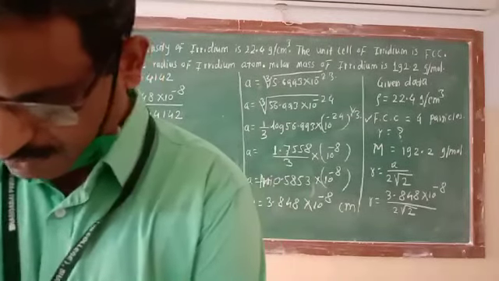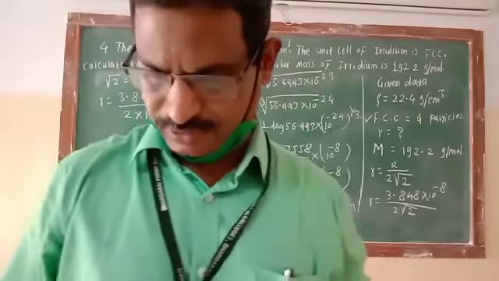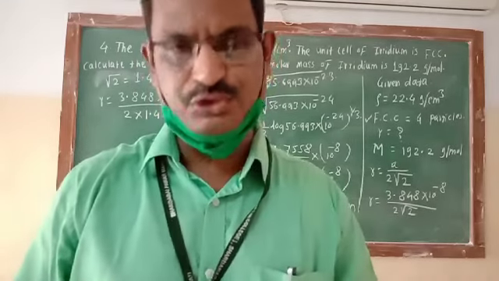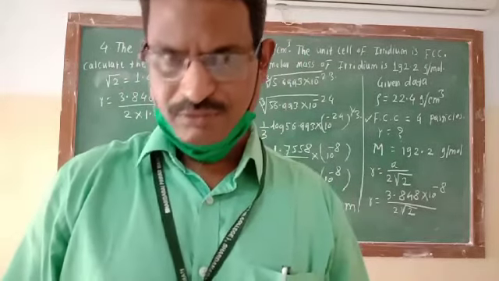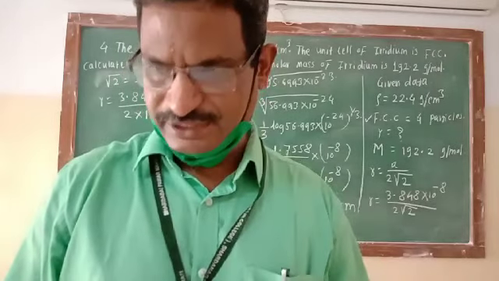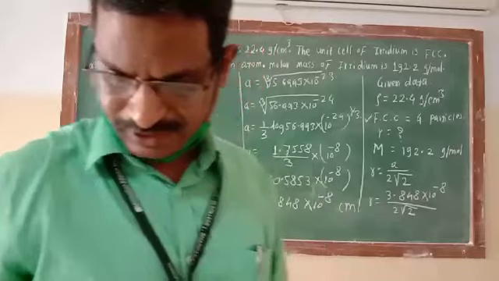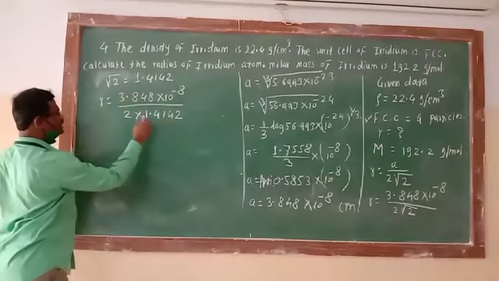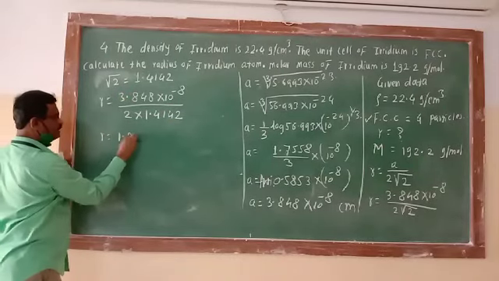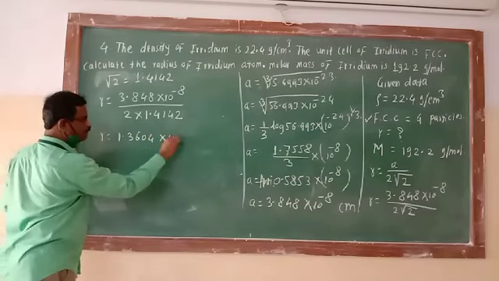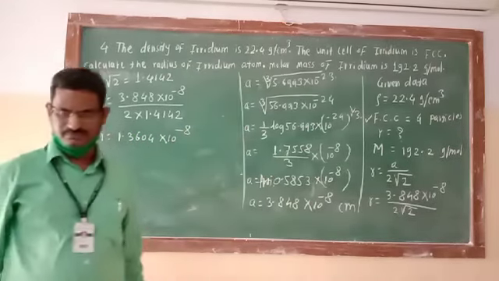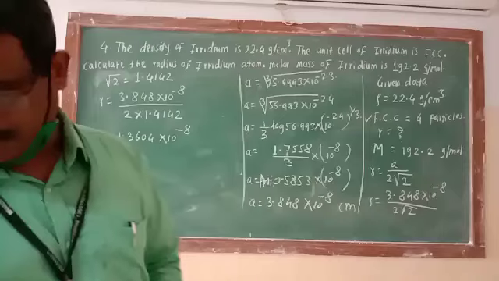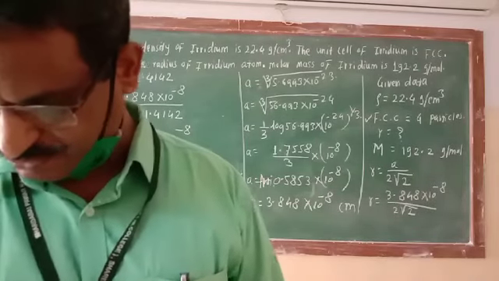Here we have to take the logarithm of numerator, then logarithm of denominator, their subtraction as usual, log of numerator minus log of denominator, and then anti-log, so that we will get the final answer, radius 1.3604 into 10 raised to minus 8 centimeter.